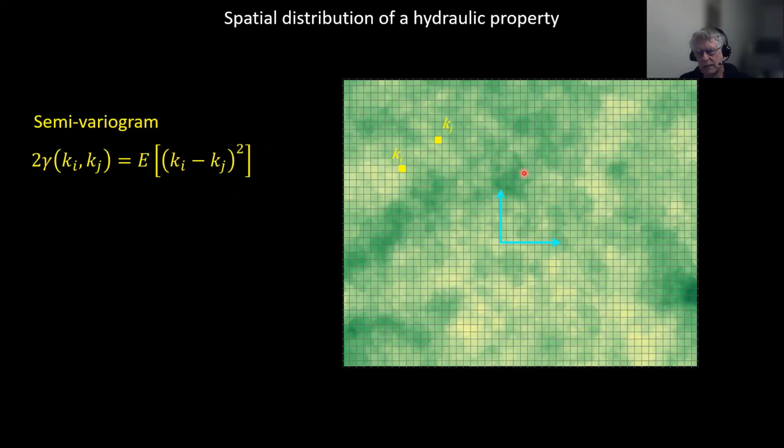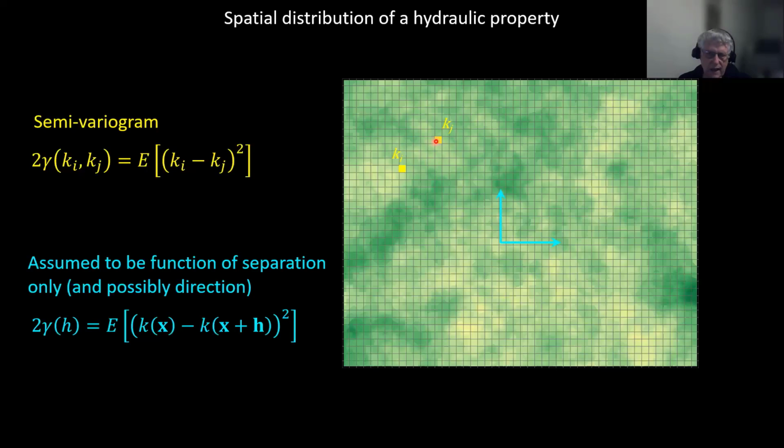This is basic geostatistics. The semi-variogram, often just called a variogram, characterized by gamma, we say that we're going to characterize the propensity for similarity of hydraulic properties by this gamma function, which is the expected value of Ki minus Kj squared. And that expected value is going to be smaller the closer Ki is to Kj.